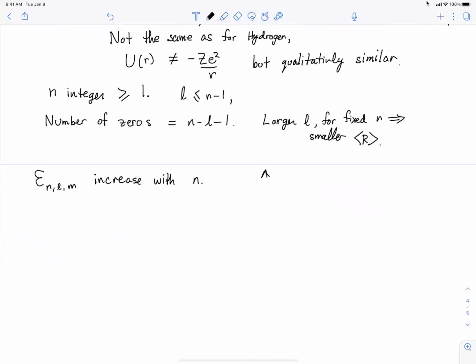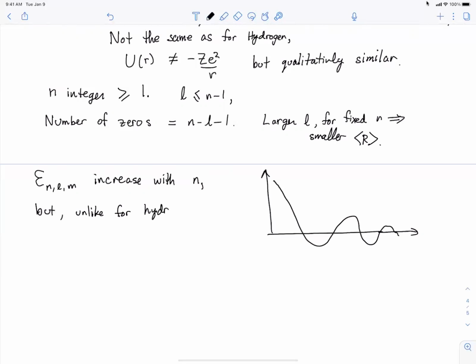So if I were to graph it, if I had large n, it might do something like that. And the more wiggles it has, the greater the kinetic energy contribution it has, and that will contribute to the total energy. So it increases with n, but unlike for hydrogen, it also depends on L.